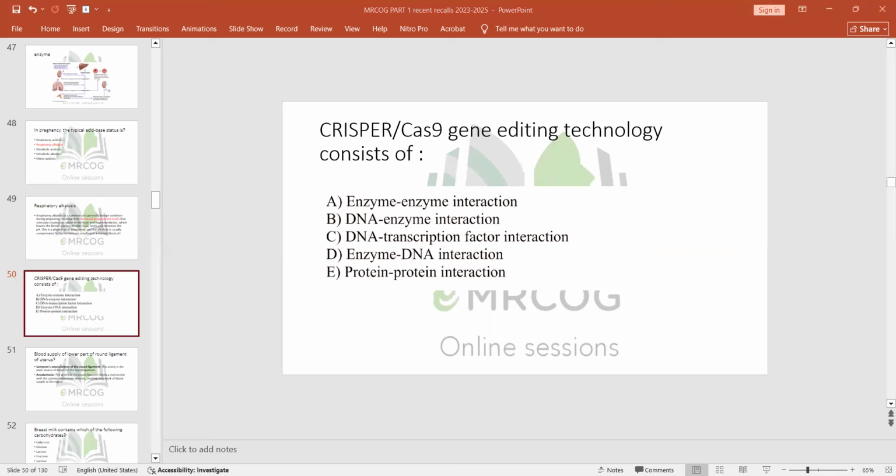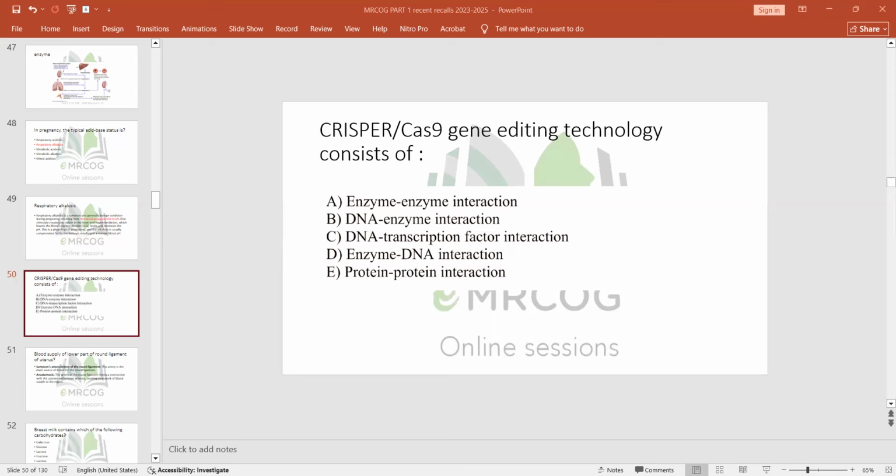Have you ever heard about CRISPR-Cas? CRISPR-Cas is like a scissor that we are going to use to cut a piece of the DNA sequence and alter it by whatever we want. It's an enzyme, excellent.